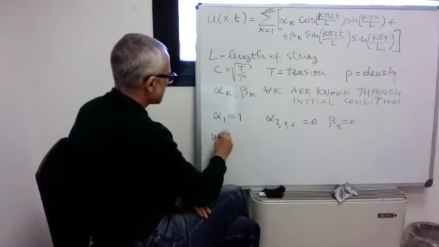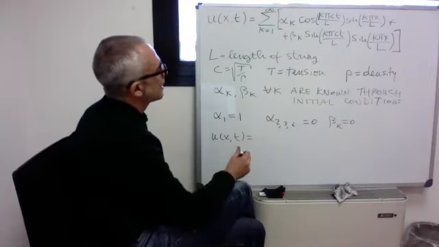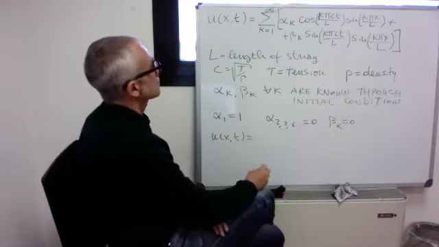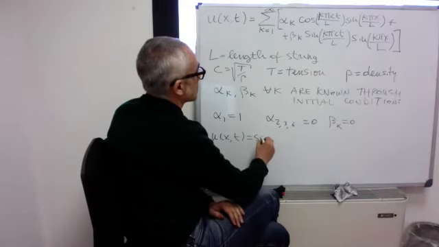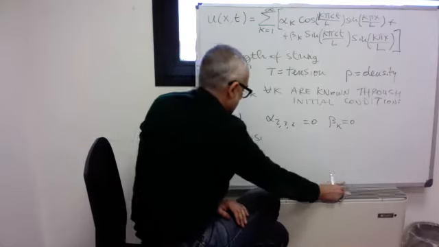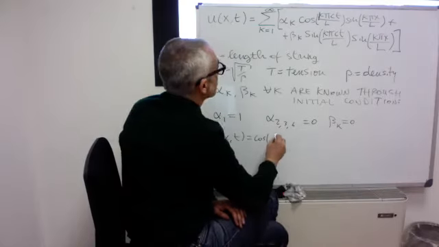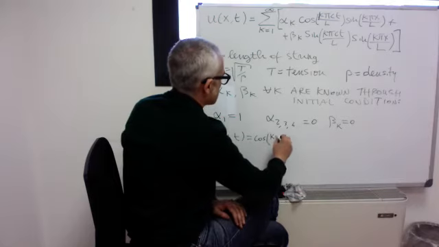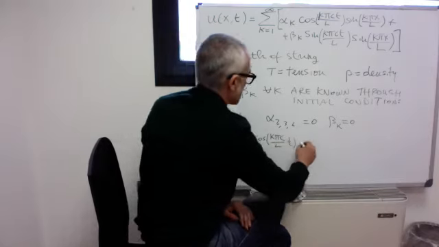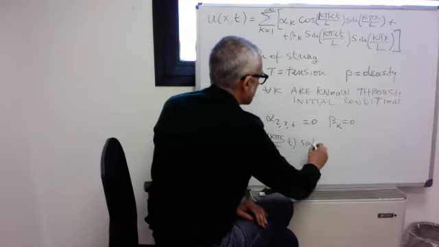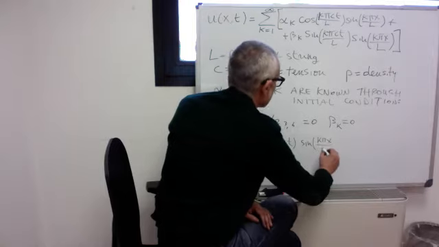So in this particular case, u of x,t is just the cosine of k pi c over L times t times the sine of k pi x over L.